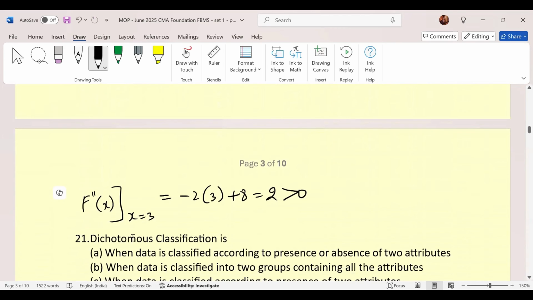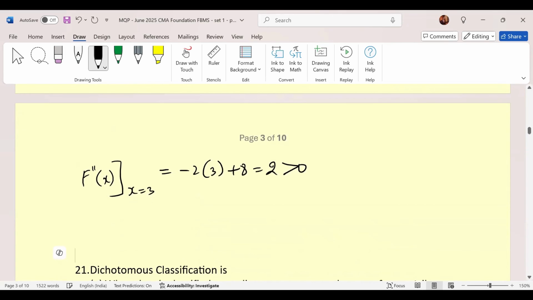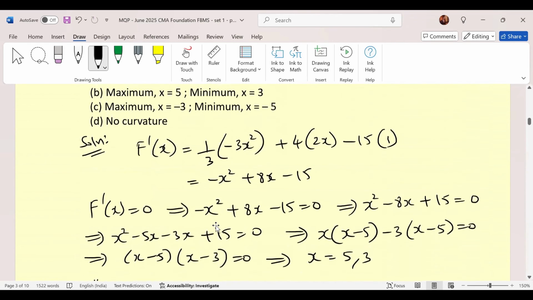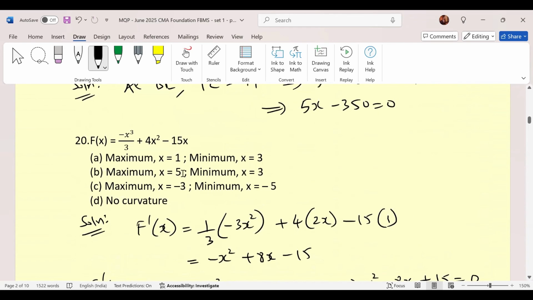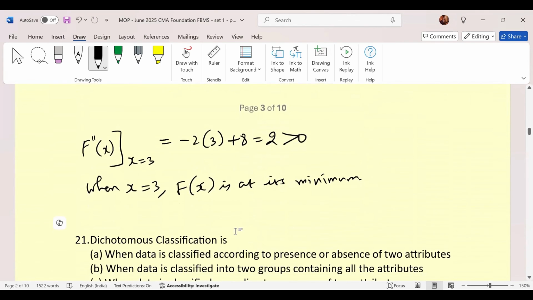Means when x is 3, f of x is at its minimum. So which option suits? Maximum when x is 5, minimum when x is 3, means option B is the one which is matching. Let me move on to the next question.